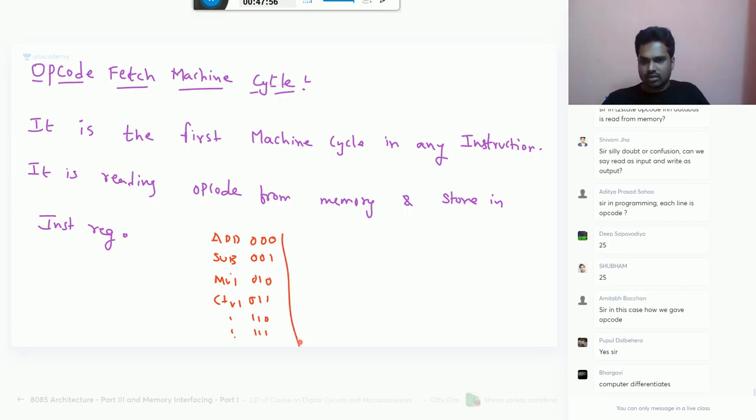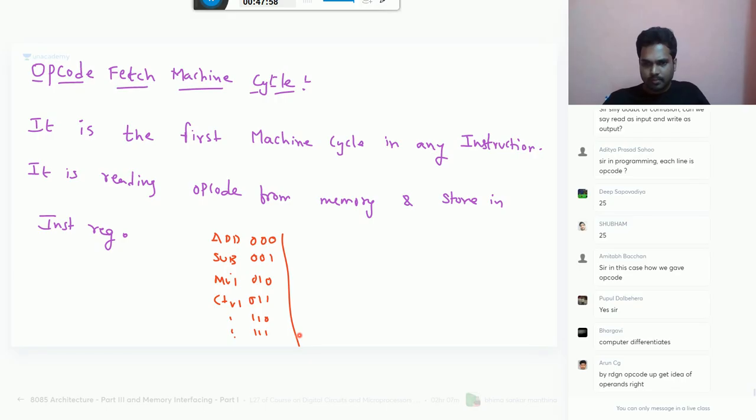Correct or no? You have the registers A, B, C, D, E, F. I am giving them names 000, 001, 010, 011, 100, 101. Some randomly I am giving, don't worry about it.